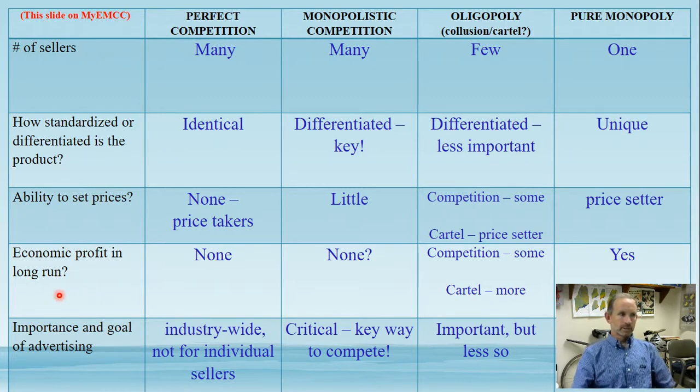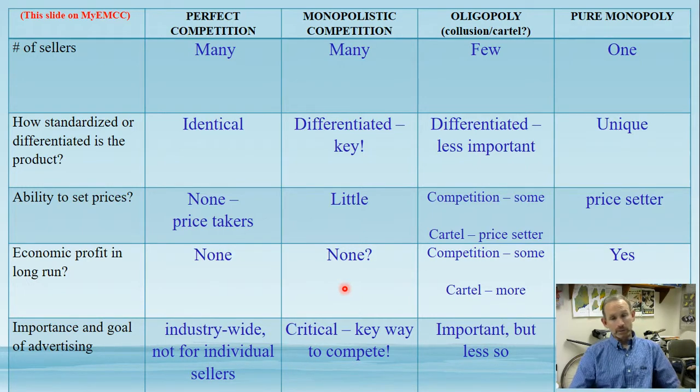Next row asks, is the business going to make an economic profit in the long run? You'll remember that in perfect competition, we expect none, 0 economic profit in the long run. That's because everybody's selling at the lowest possible price and everybody gets the same price. Your book says that in the long run, in monopolistic competition, we also expect 0 economic profit. I guess that's maybe technically true.